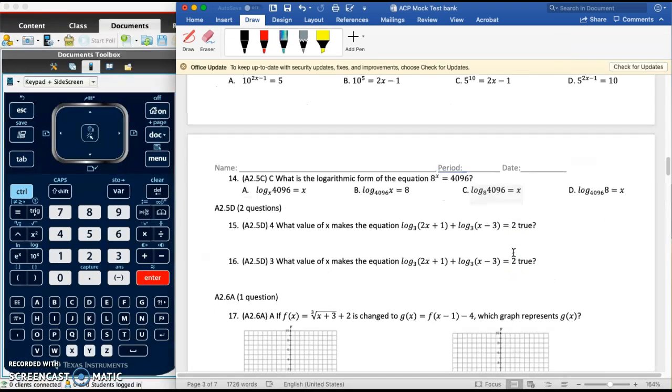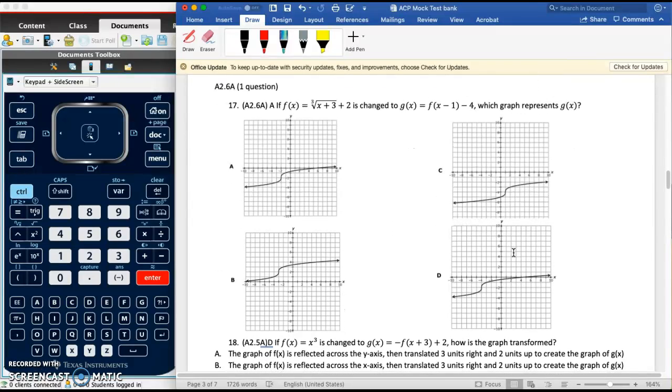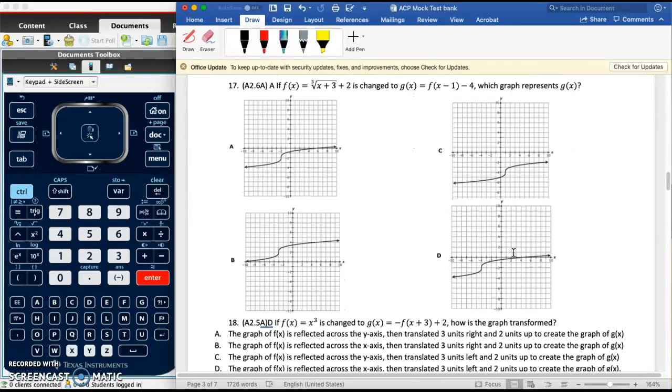So, okay, jumping down here. So what I'm going to do from here, it says g of x equals f of x minus 1 minus 4. All that's really telling me to do is to minus 1 inside the cube root here, and then it's telling me to minus 4 on the outside of it.